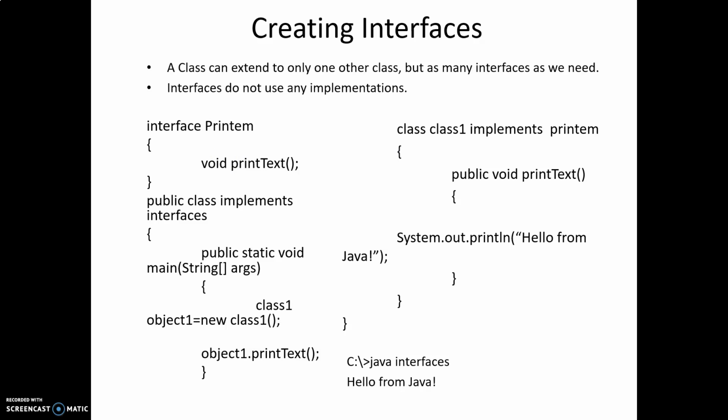Most of the time we see interfaces in threads. When we use thread interfaces, we use the Runnable interface and make use of start, stop and so on for the thread methods, and these methods are implemented by the class which is using that particular interface.